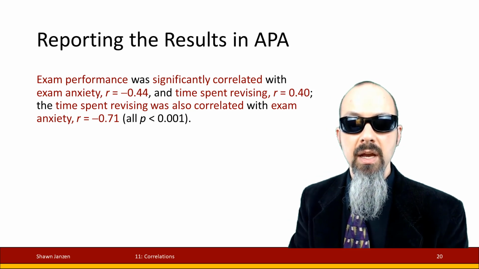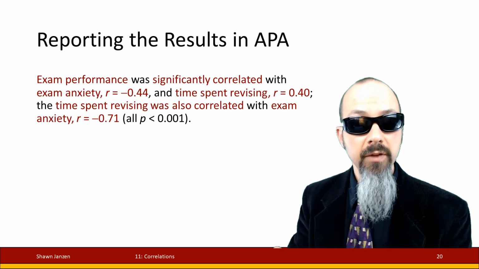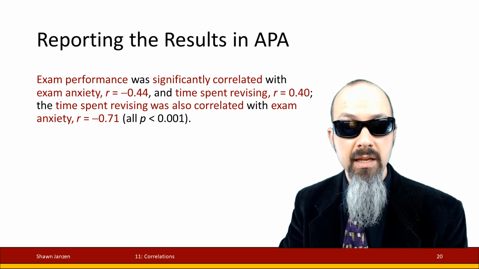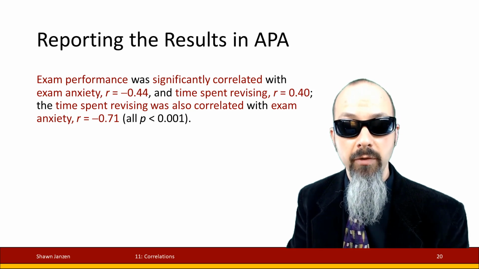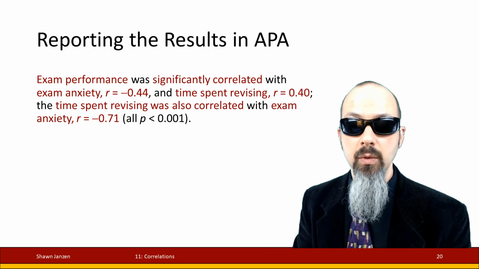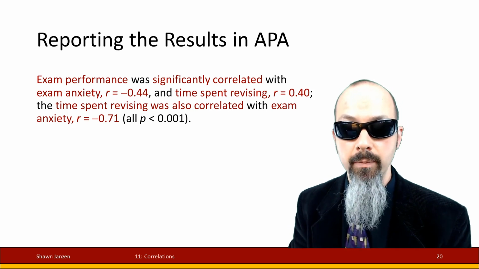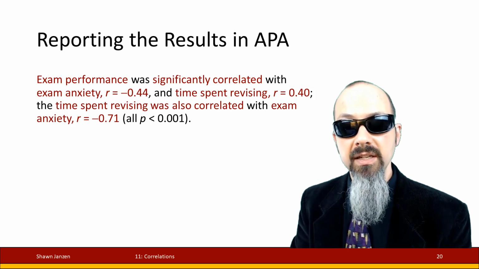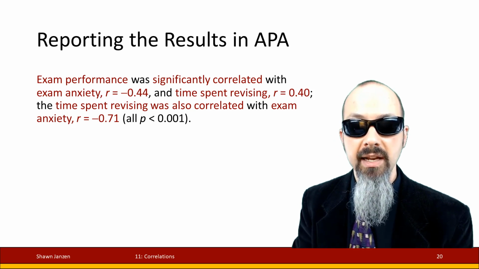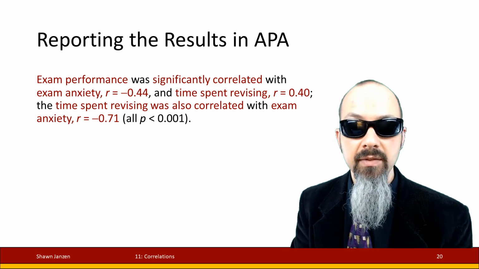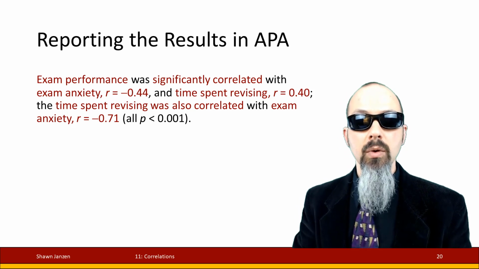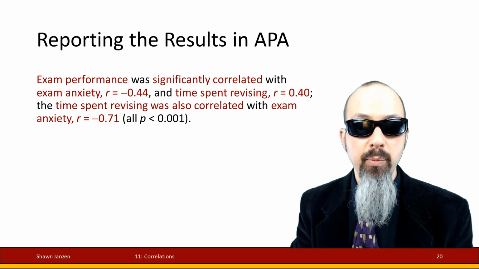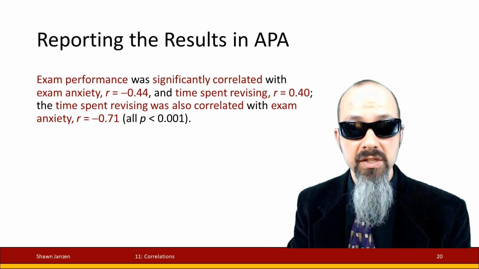In this case, I'm going to say that exam performance was significantly correlated with exam anxiety with an r of negative 0.44 and time spent revising your work at positive 0.4. The time spent revising was also correlated with exam anxiety, r is equal to negative 0.7, and all of the p-values were less than an alpha of 0.001, which is extremely small.